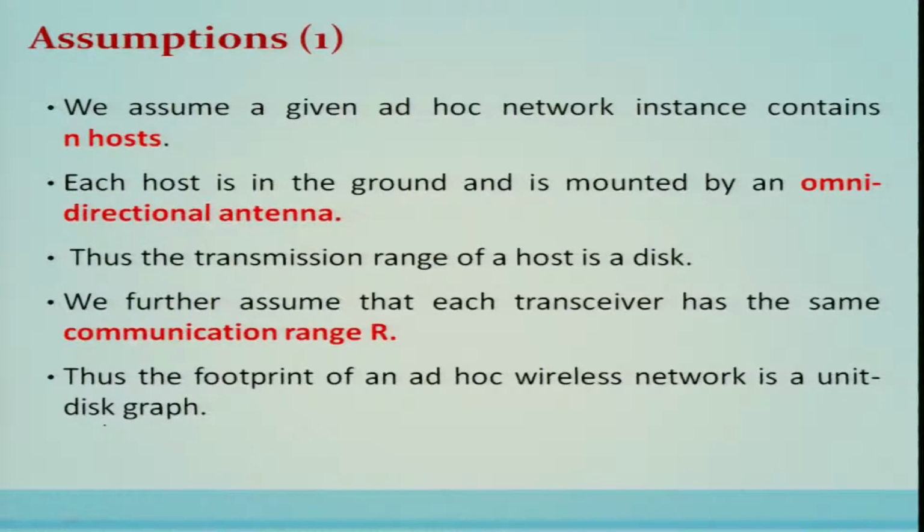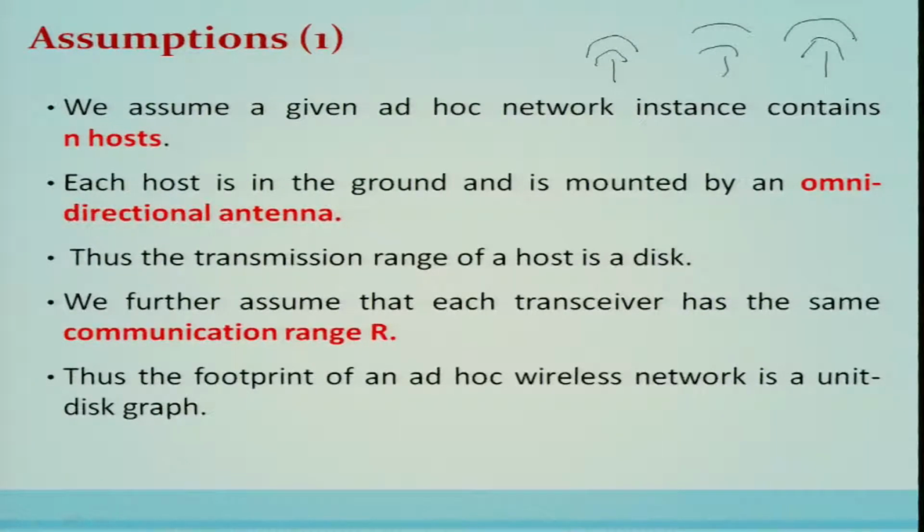We assume a given ad hoc network instance which contains n different hosts. Each host is in the ground and is mounted with an omnidirectional antenna. This will facilitate the transmission network, or a communication network, among these nodes.